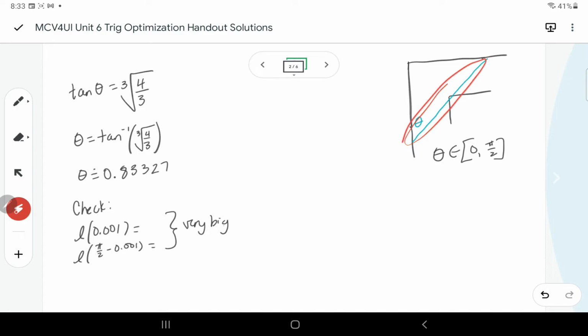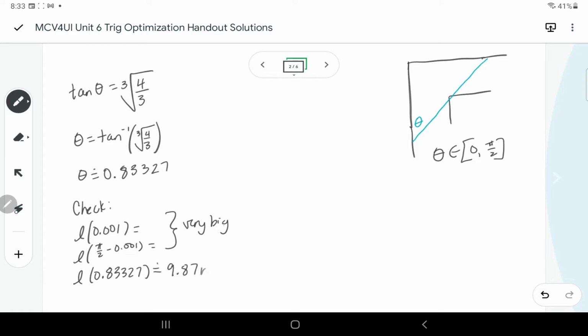We want to know what the shortest distance is that will still fit, because this is going to be the minimum board length here, and we want to know, is that minimum length shorter than the length of our board? So if we check this critical number of 0.833, the length at 0.83327 is about 9.87 meters.